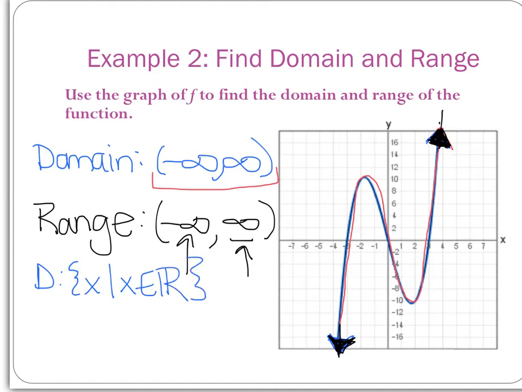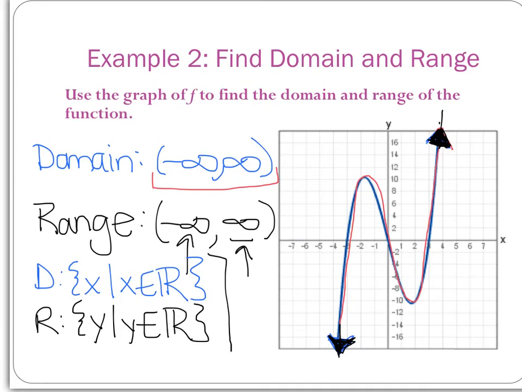It's all real numbers for the domain. And the range is the set of y such that y is an element of the real number system. So just to clarify this and make sure I said this correctly, the domain is the set of x such that x is any real number, and the range is the set of y values such that y is any real number.